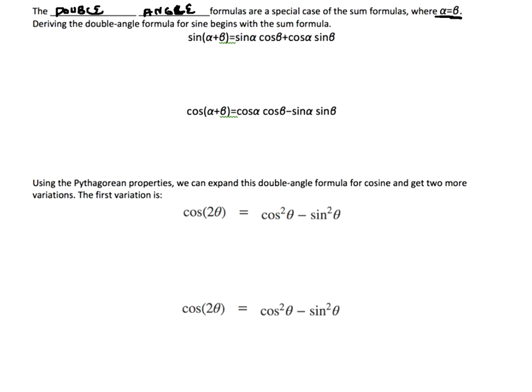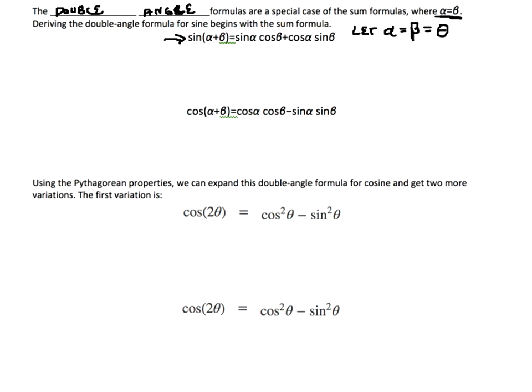Here you can see I'm starting out with just the regular sine sum formula, and I've written it over to the right-hand side, showing what it equals. To turn this into a double angle formula, we're going to let alpha, which equals beta, equal one angle.